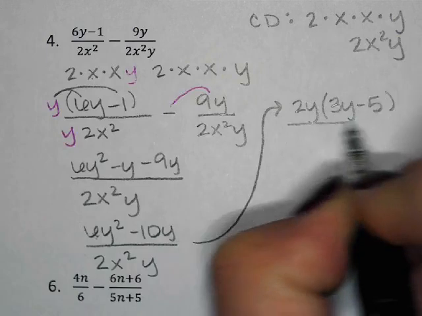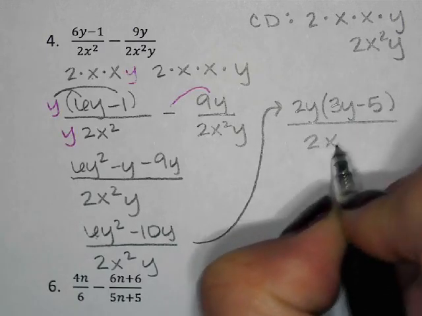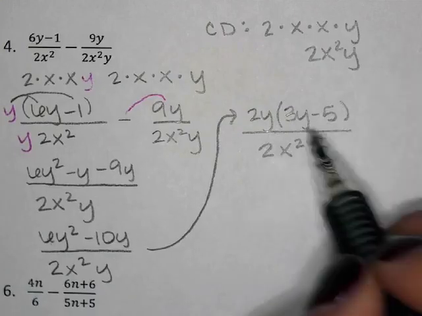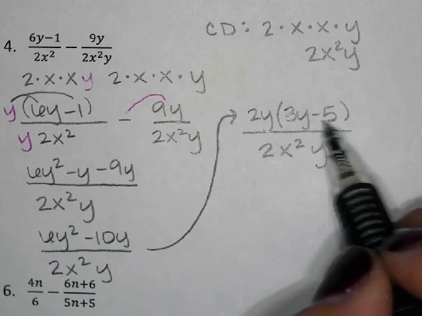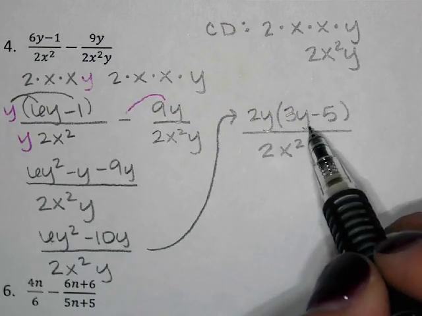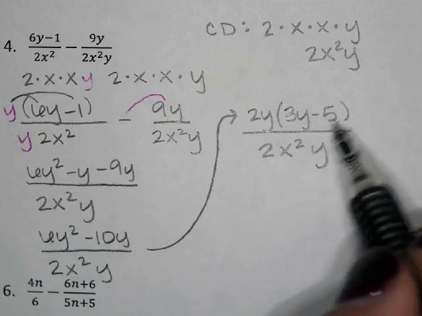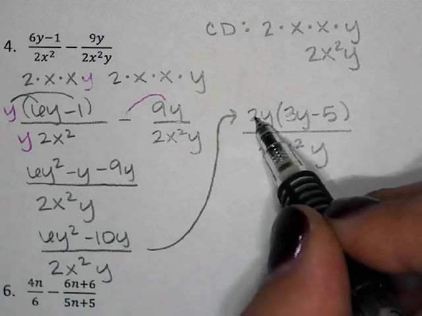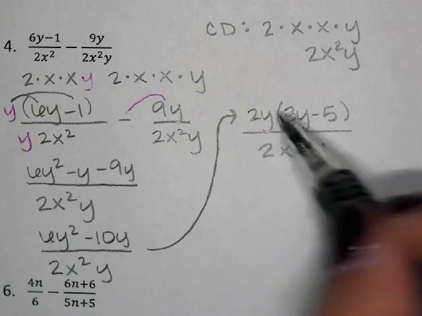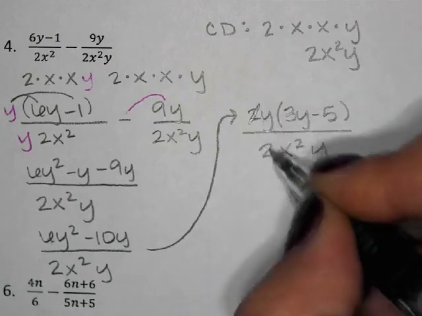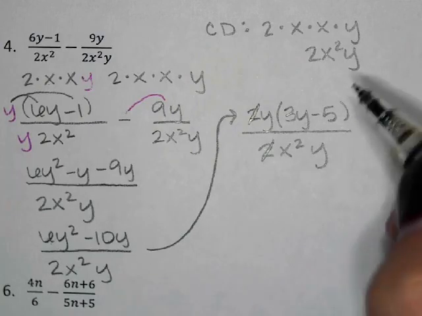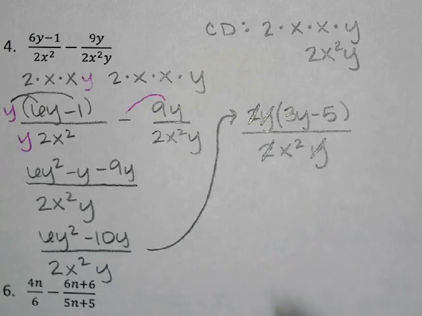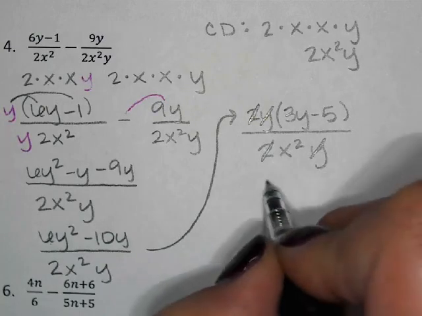So the parentheses can't go away because those parentheses are not mirrored anywhere else. That's the only set of parentheses exactly like that. Can we take out the 2? Does it cancel? Yep. So the 2's cancel, and the y's cancel. So your final answer is 3y minus 5 all over the place.